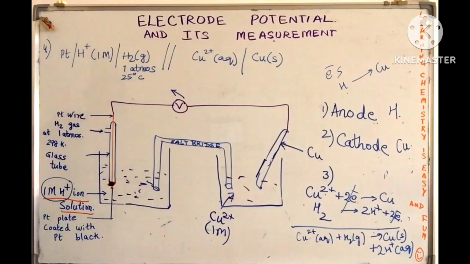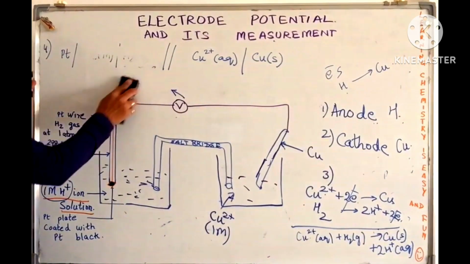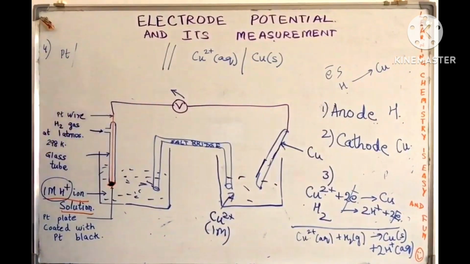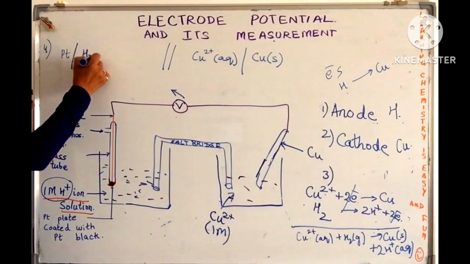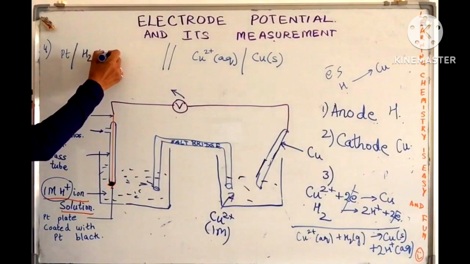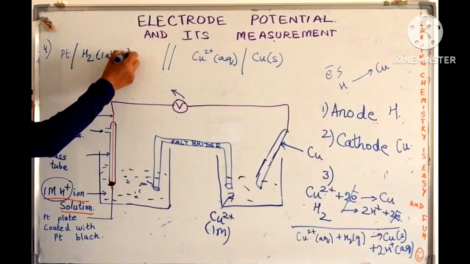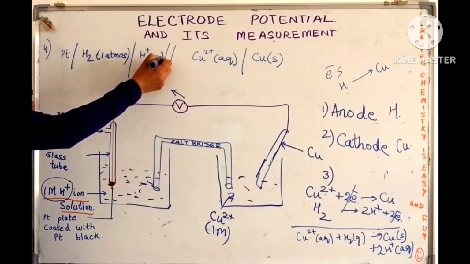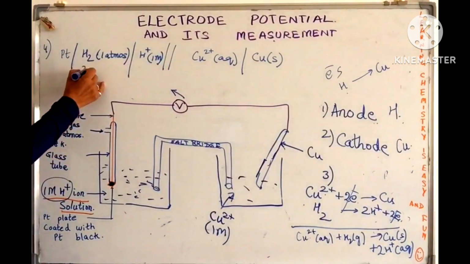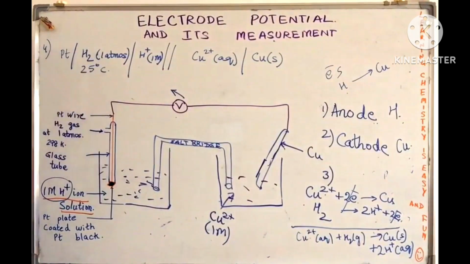That means what we've shown over here is, have we done the wrong thing? Yes, we have done the wrong thing because we have shown over here reduction, whereas we should be showing oxidation over here. So oxidation is loss. So hydrogen gas at 1 atmospheric pressure in contact with hydrogen ions, 1 molar concentration, 25 degrees Celsius, right?